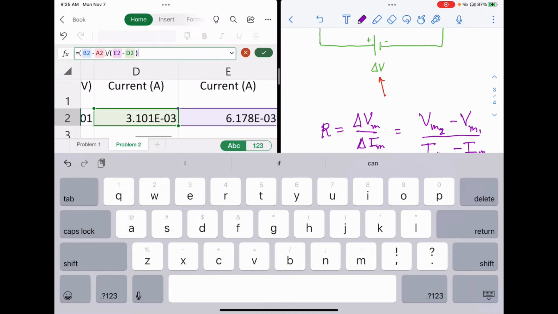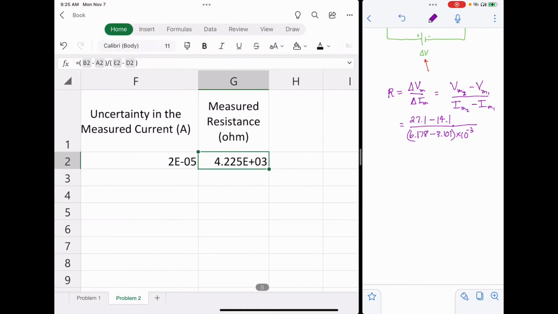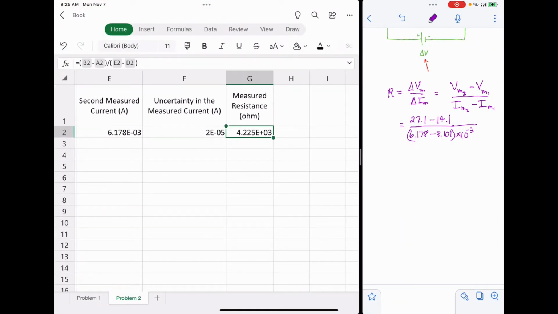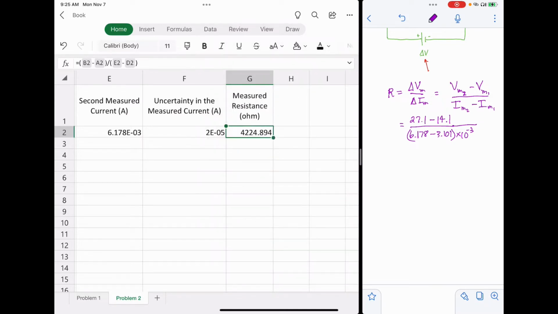Close that parenthesis, and this should give me my measured resistance. All right. I think that I will go ahead and make this just a number. Okay. And you'll see that my number is 4224.894. So these are really calculations.